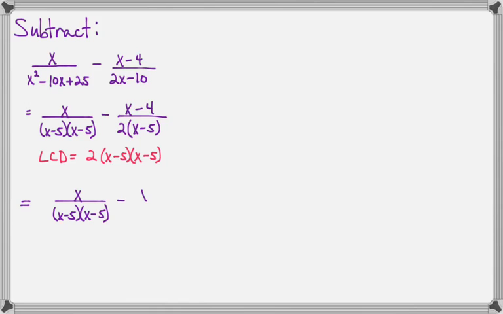Now recopying my existing problem, my first denominator only needs a 2, so I'm going to put a 2 in the bottom and in the top. My second denominator needs an x - 5, see? So I'm going to put that in the bottom and in the top. Now I need to combine this 2x with all of this.